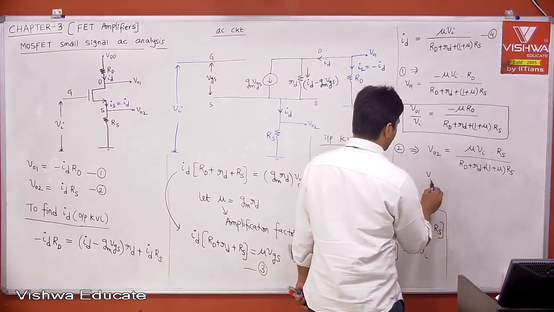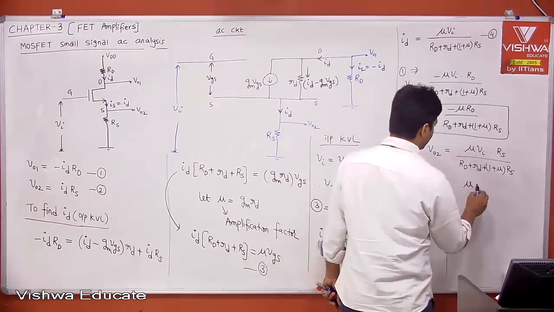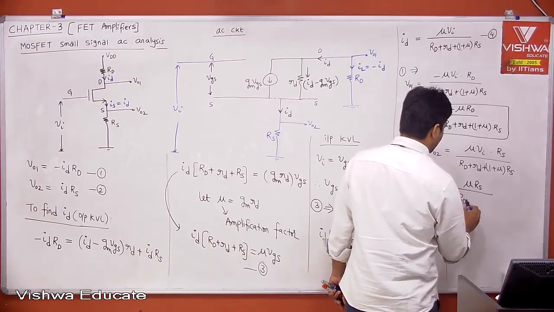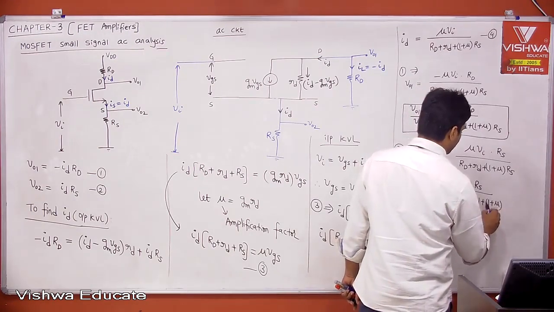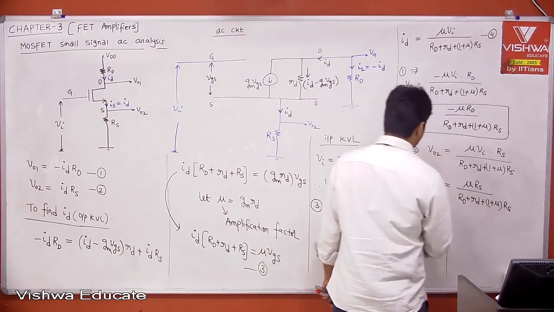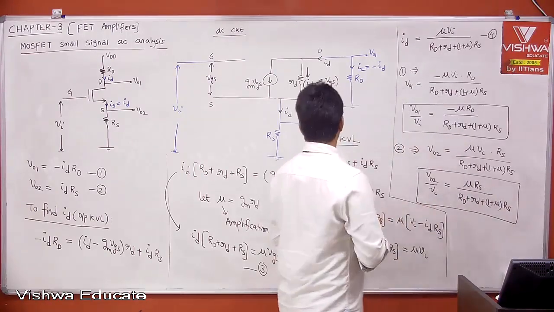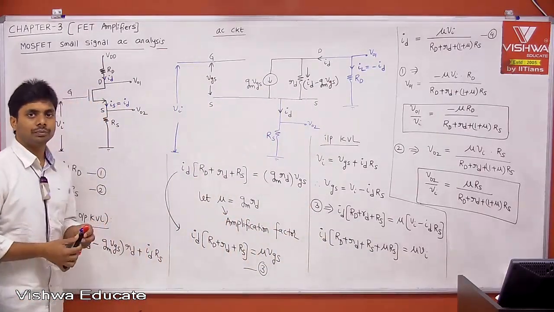Then if you take V02 divided by Vi is equal to mu into Rs divided by capital Rd plus small rd plus 1 plus mu into Rs. This is the second formula which you need to remember. I am keeping in the boxes. Those things you can remember as formulae.